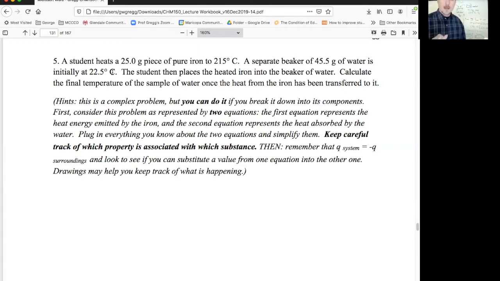So we can write that mathematically, that the Q of the metal is equal in magnitude to the Q of the water. That is, the heat lost by the metal is the heat gained by the water. And the signs of those Q values must be opposite, because it's a negative Q for the metal, it's losing heat. It's a positive Q for the water because it's gaining heat. But otherwise, the numbers are the same. They just have different signs.